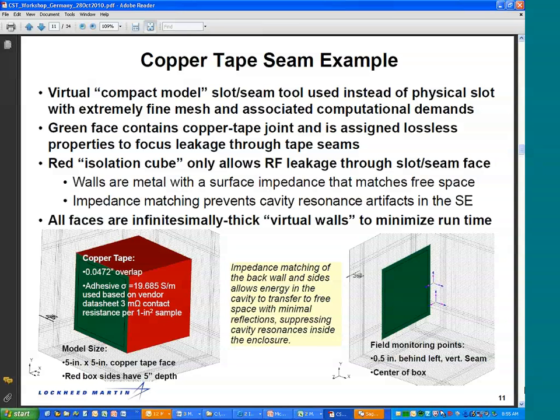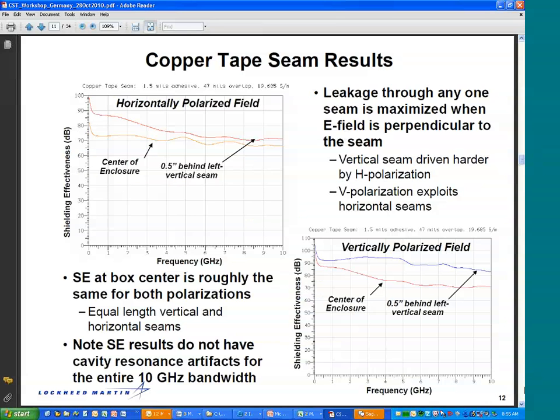And so using that technique, I've achieved results showing that, because that was a square aperture, a square seam, when you drive it horizontally or vertically polarized, you get roughly the same coupling.